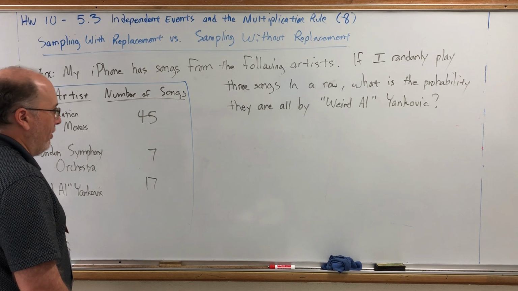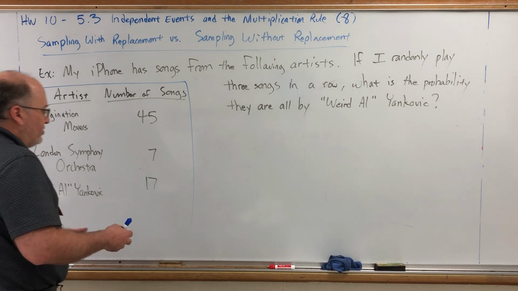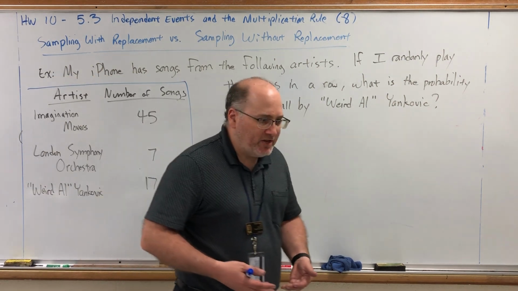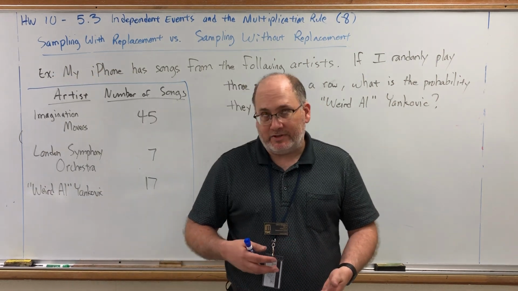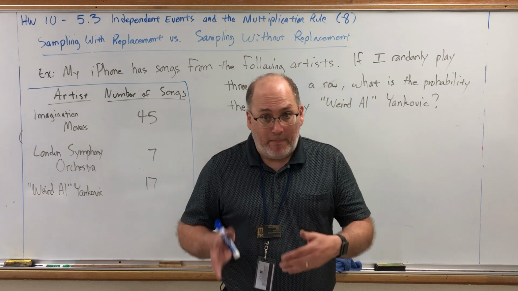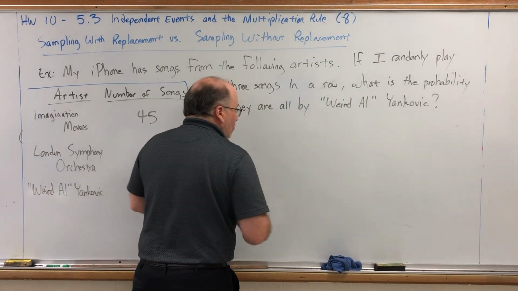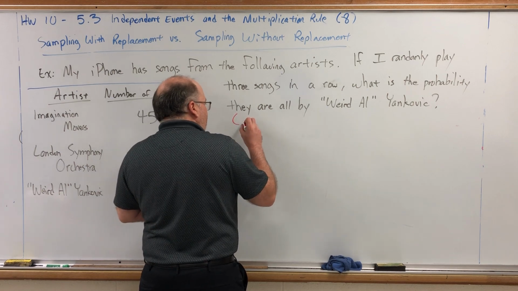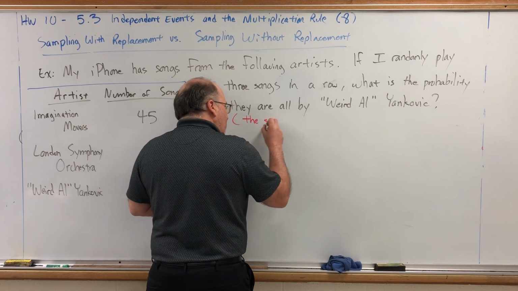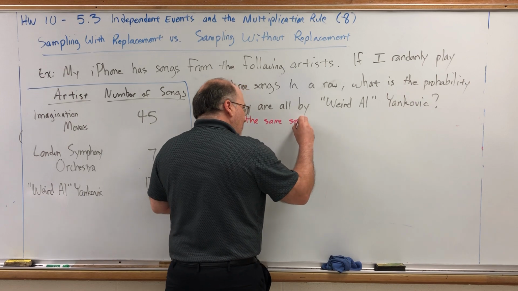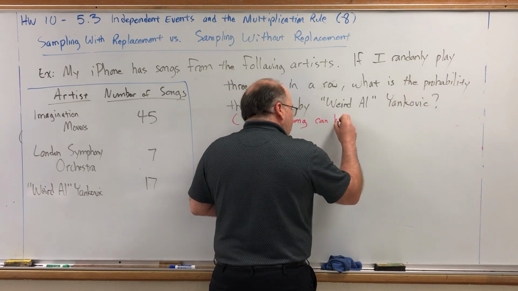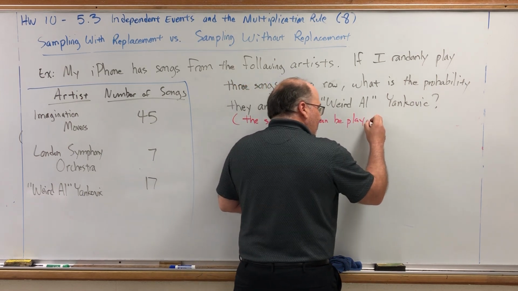by Weird Al? Now, the way some music devices work, it may or may not play the same song back to back. But for the purposes of this example, let's assume that the same song can be played consecutively.